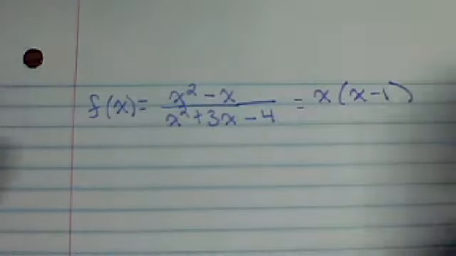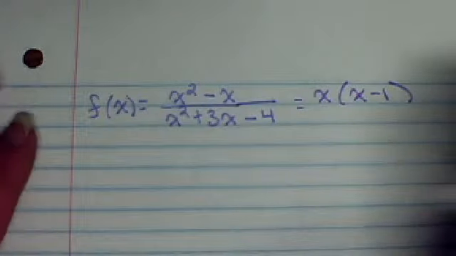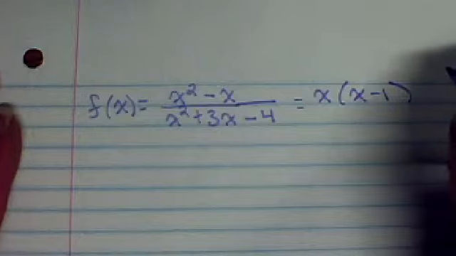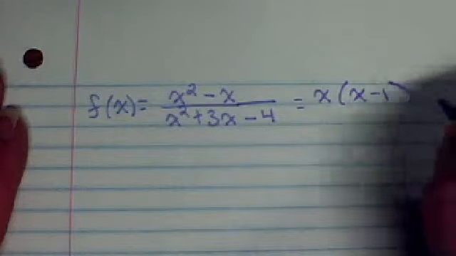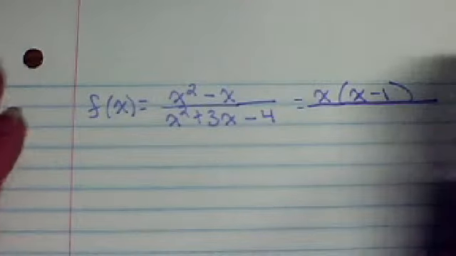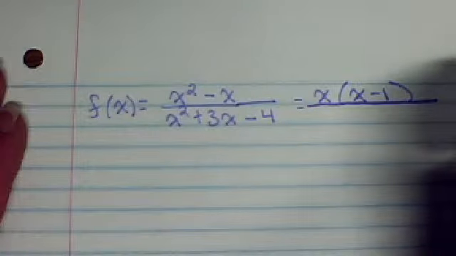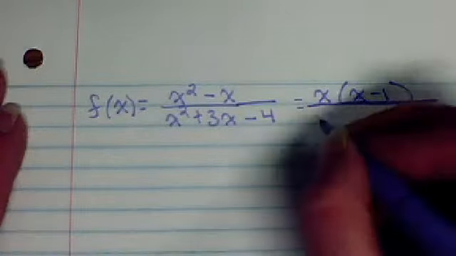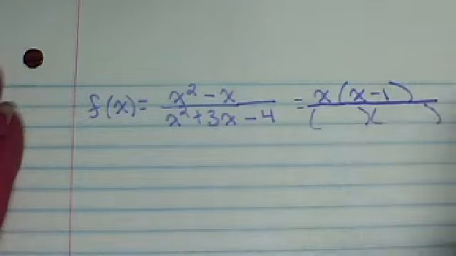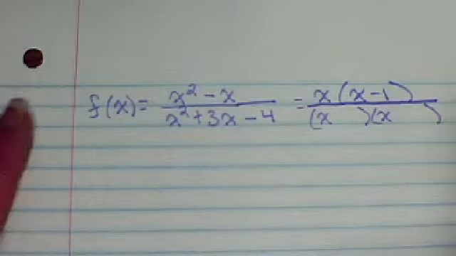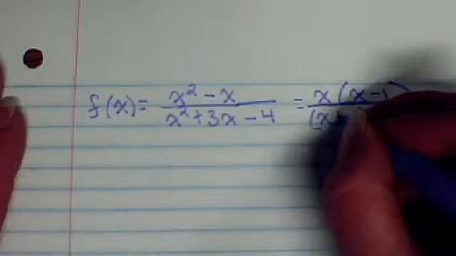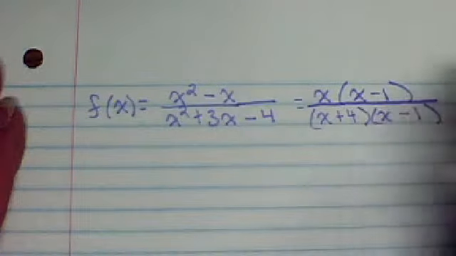So it'd be x times x minus 1, over x and x multiplies to be a negative 4 but adds to be a 3, so it's going to be a positive 4 and a negative 1.